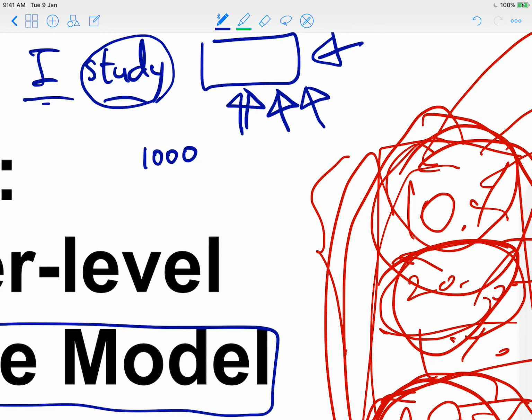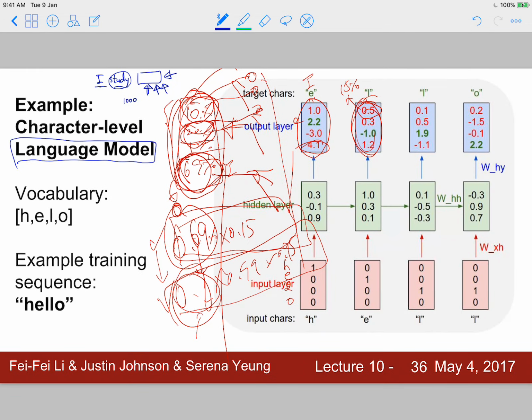Okay, so computing these probabilities is called language modeling. This is basically a language modeling task. This is language modeling at the character level. Given these two characters, we can think of the probability of each character appearing in the next place, right?